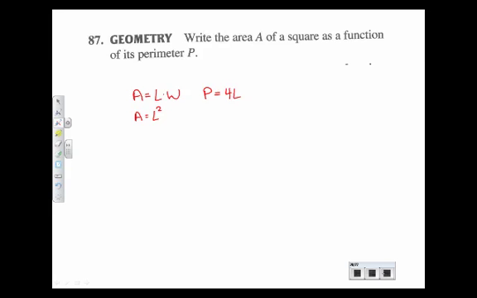We want the area as a function of p, so our final answer can only have the letter p in it. We know that p is 4L. Solving for L, we can say that p over 4 equals L. So let's substitute in. P over 4 squared, the area would be p squared over 16.